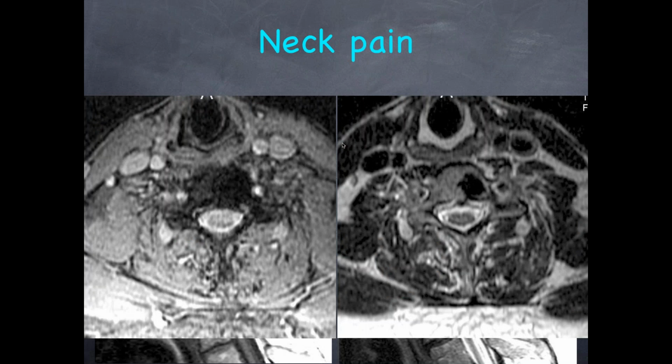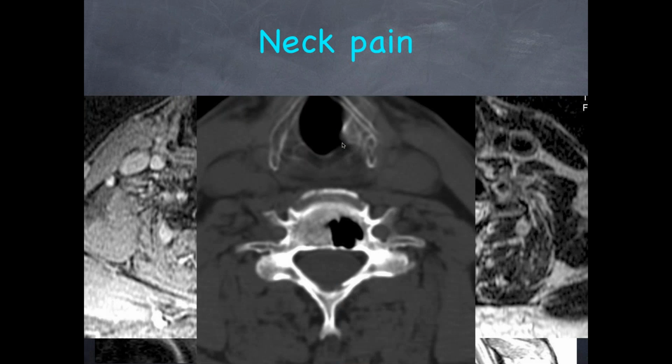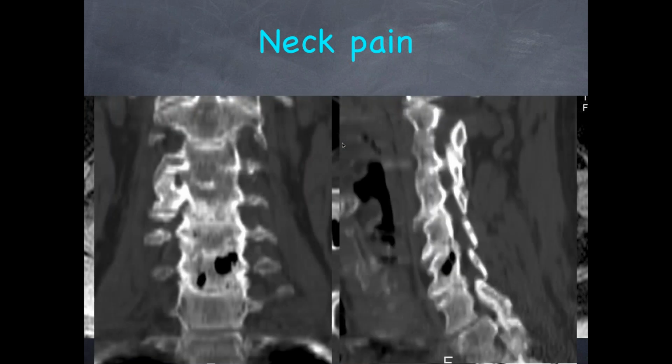Again, we see that hypointense area within the vertebral body. Could be vacuum disc, could be air from degenerative disease. Here's a CT. On CT, it sure looks like a vacuum disc phenomenon, with the gas from the disc extending into a small node.